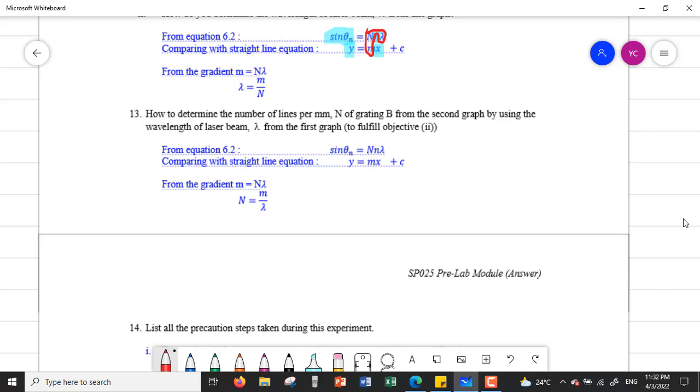Again, if we compare equation 6.2 in the theory with the straight line equation, we find that the gradient represents the number of slits n multiplied with the wavelength lambda. If we rearrange the equation, the number of lines per millimeter n will be equal to the gradient divided by the wavelength. I repeat, n will be the gradient divided by the wavelength.